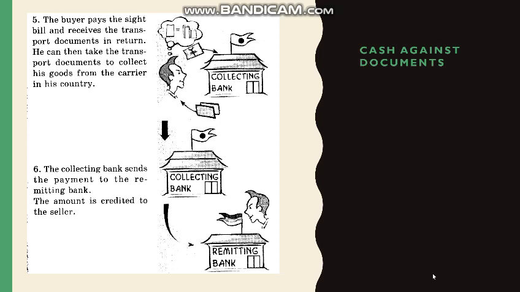He can then take the transport documents to collect his goods from the carrier in his country. And then the 6th and last step, the collecting bank sends the payment to the remitting bank. The amount is credited to the seller.